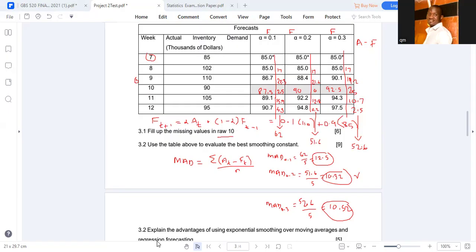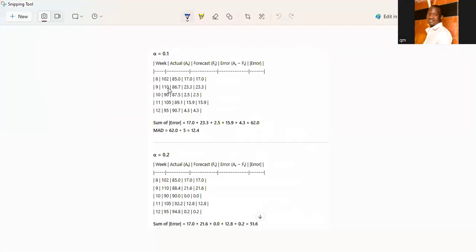A quick recap on the differences. After getting the actual and forecast under year one, year two, you get the differences for each of them: the actual minus the forecasted, for weeks 8, 9, 10, 11 up to 12. So 102 minus 85, we get 17. 110 minus 86.7, we get 23.